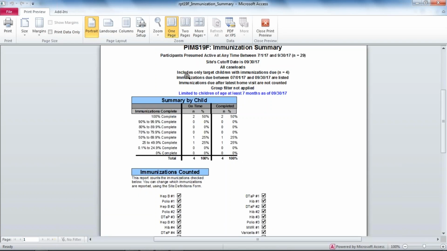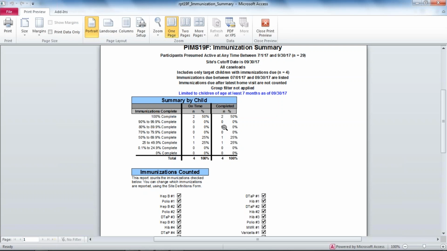So this is run as the immunization summary, includes target children with immunizations due in that date range, and looks at the immunizations due within that date range and only those immunizations due. And so in this date range for this site, there were 4 children with immunizations due, and we use the completed, which is up to date, not on time, because on time is more stringent criteria.